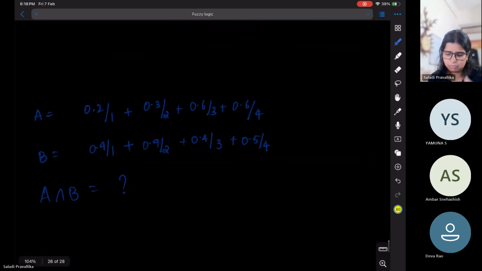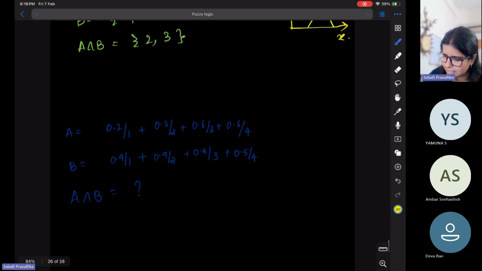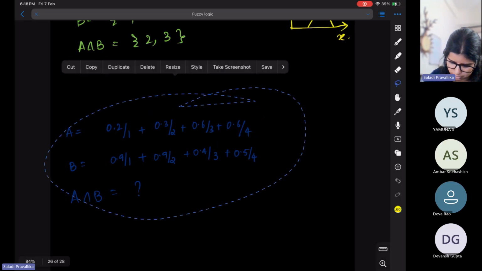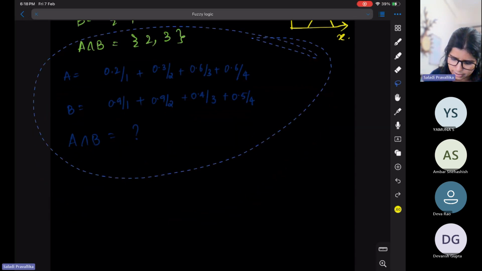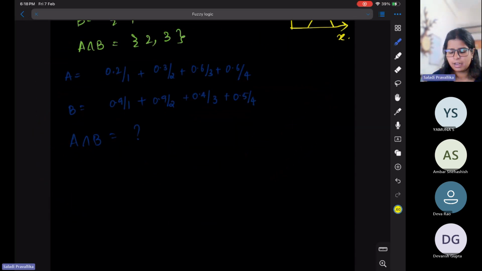Let's take the same example as before and try to find A intersection B. For A intersection B, we are taking the minimum value.